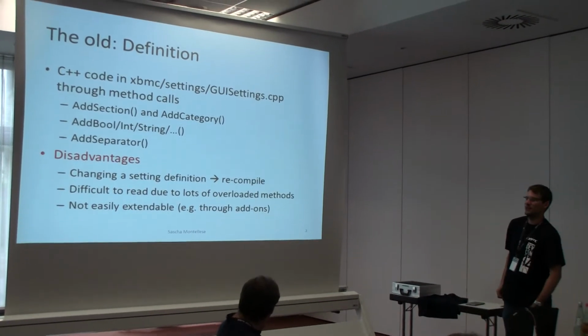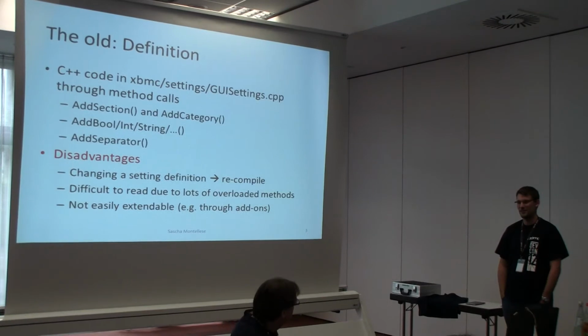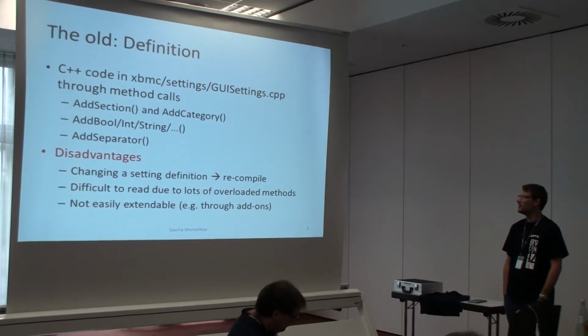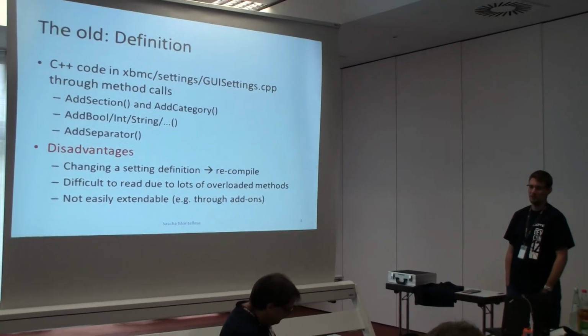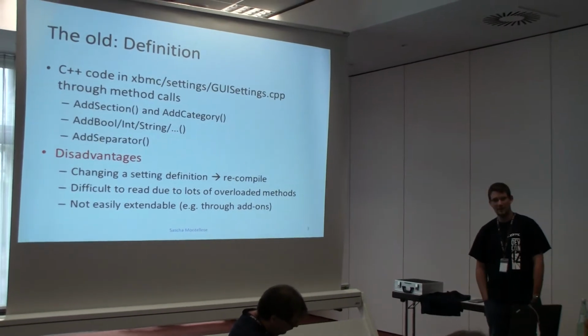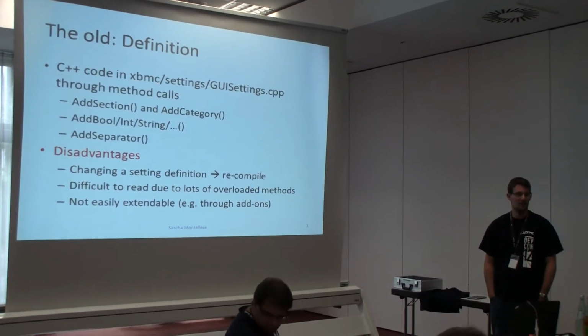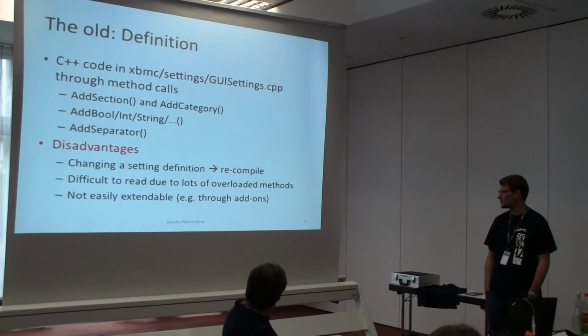You can't really extend it because you have to write the setting definition in that method in GUISettings.cpp. So if we ever want to allow add-ons to add settings to our settings screen, we will pretty much be screwed.